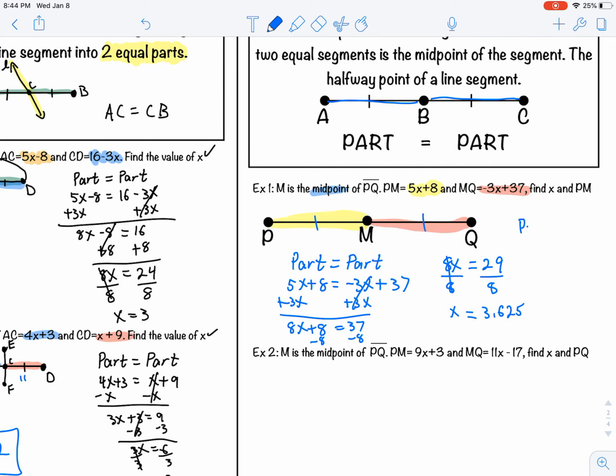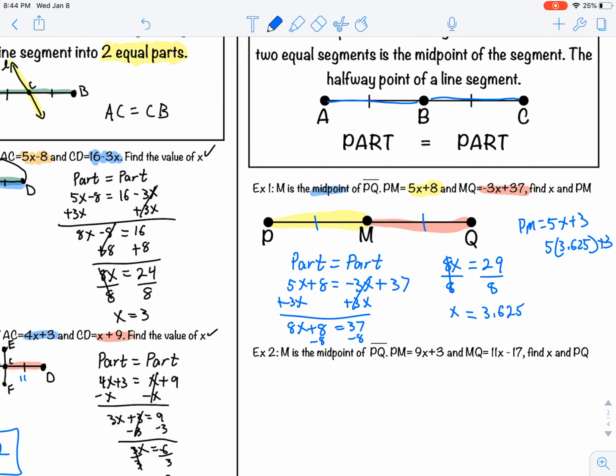So we know that PM is equal to 5x plus 8. So instead of the x, I'm going to have my 3.625 in there. So 5 times 3.625 plus 8. Okay.